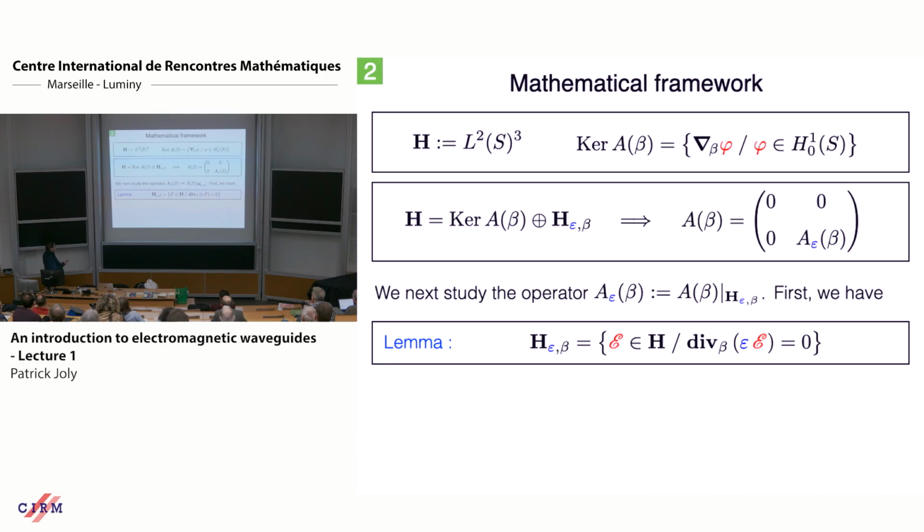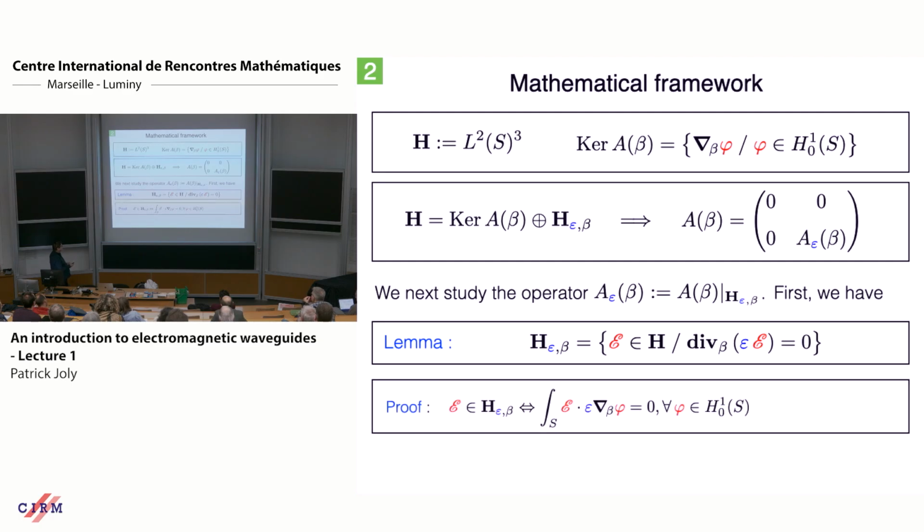This orthogonal of the kernel is simply the vector fields whose divergence beta of epsilon E is 0. And this is completely immediate because being in H beta, so in the orthogonal of the kernel, means that this integral is 0 for any element of the kernel. And in the sense of distribution, it is exactly the fact that divergence beta of epsilon E is 0.